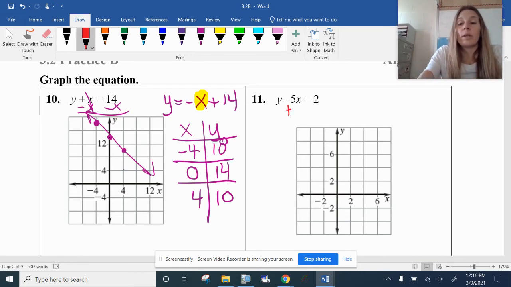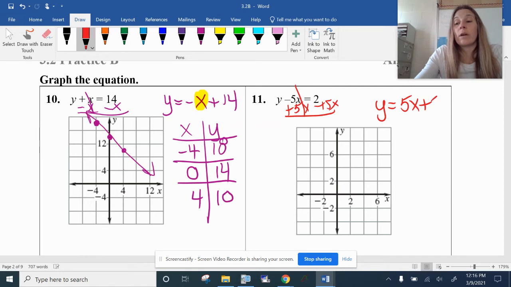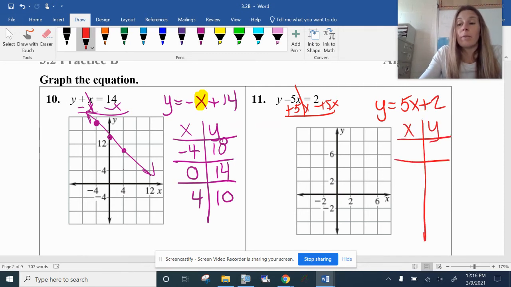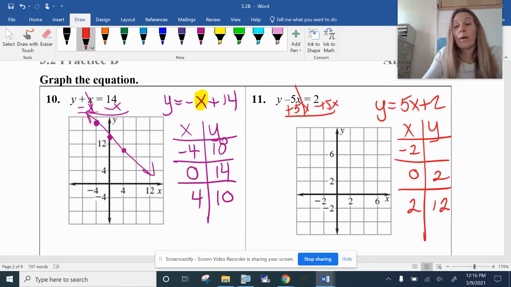This one here, we just have to move that 5x over. So y equals 5x plus 2. They're unlike terms, so I cannot combine them. Okay, this time my grid is going by 2s, so I'm going to do -2, 0, and +2. Putting in the 0 is always my favorite to do first because it cancels out that x term, and I'm left with a 2 there. 5 times 2 is 10, plus 2 would be 12. 5 times -2 is -10, plus 2 would be -8.